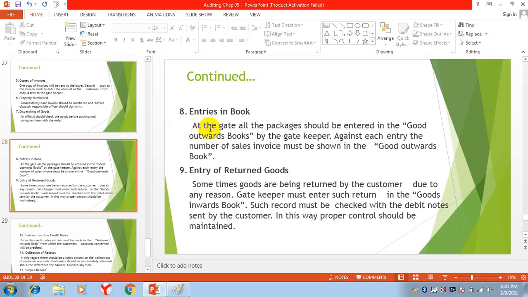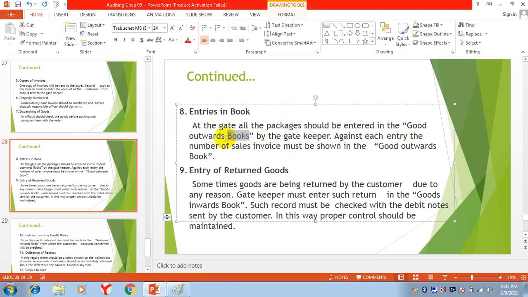Entries in the book. At the gate, all the packages should be entered in the goods outward books. Another book, the gatekeeper, he will write that these goods are going out of the company. The name of that book is Goods Outward Book by the gatekeeper. Against each entry, the number of sales invoices must be shown in the goods outward book.